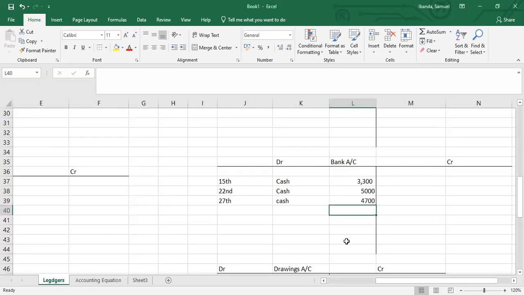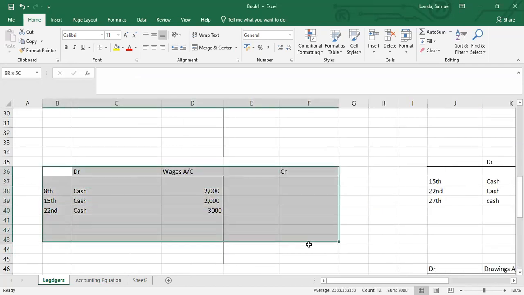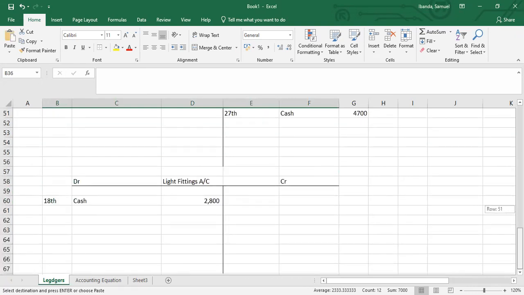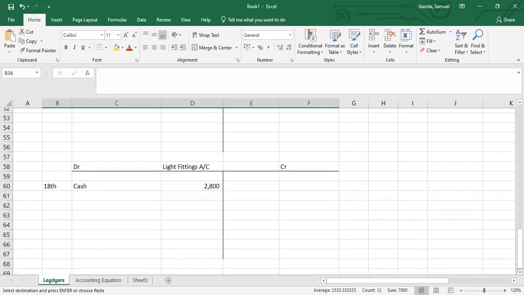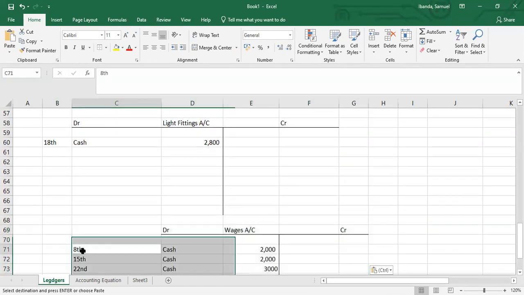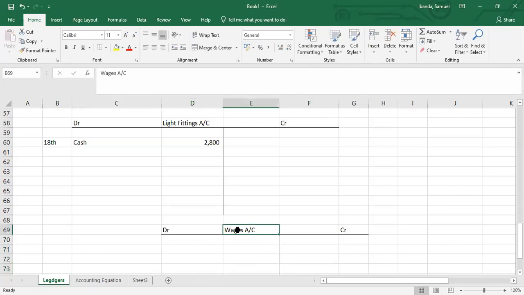We don't have an account for electricity, so we shall draw up an account for electricity. It's not light fittings because that is an asset account. So we shall draw up a new electricity and gas account.